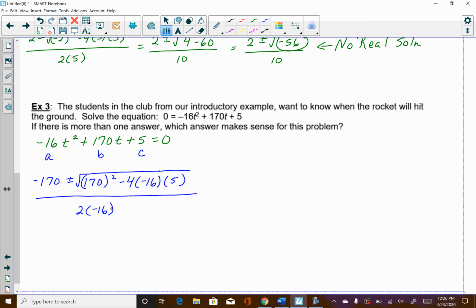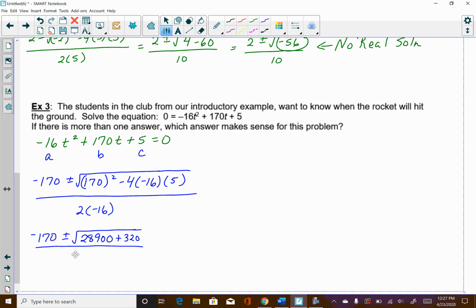Okay, so it's a big number here, putting this in our calculator. So now I have a negative 170 plus or minus the square root. 170 squared will give you 28,900. And then from here, negative 4 times negative 16 will give you positive 64, and 64 times 5 will give you a positive 320.